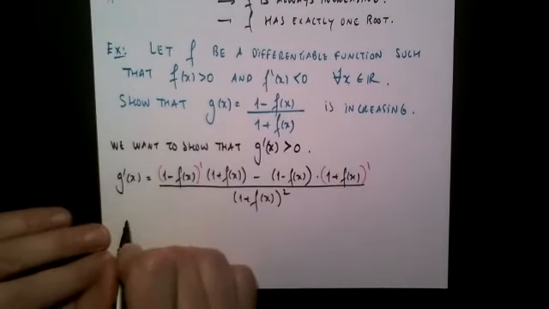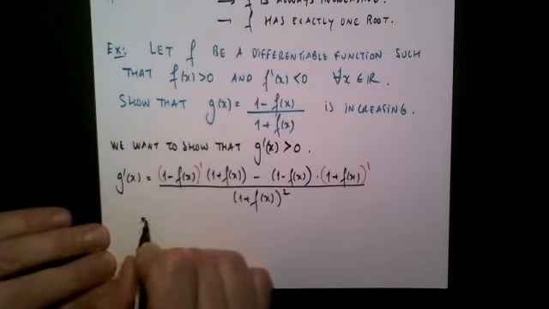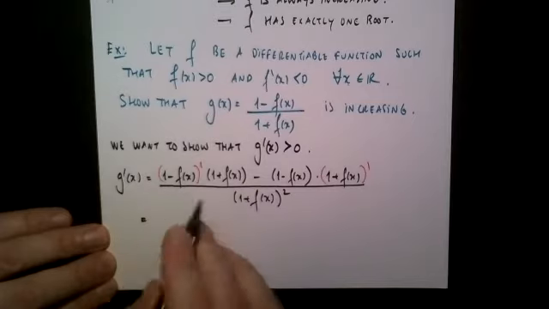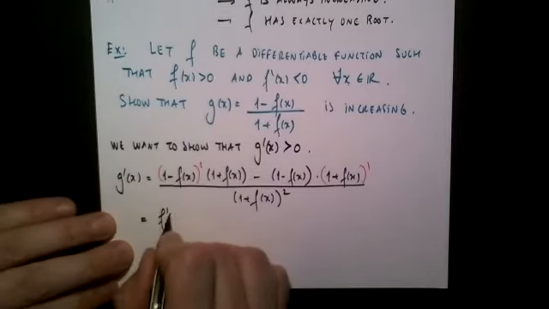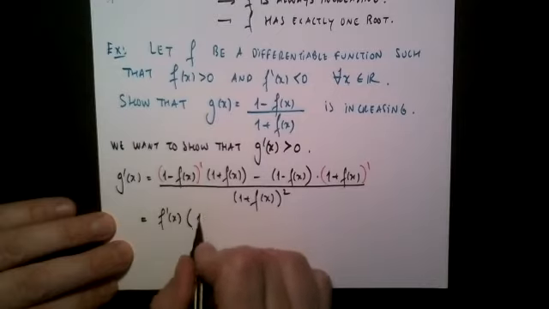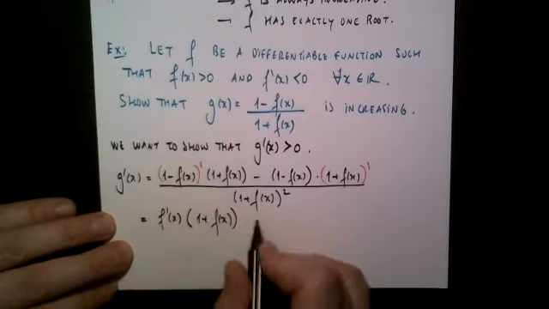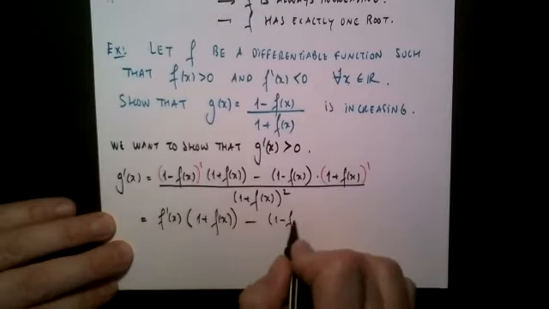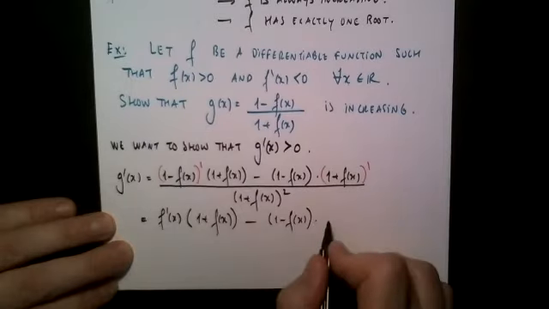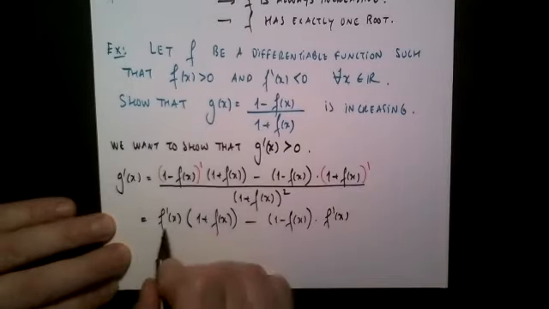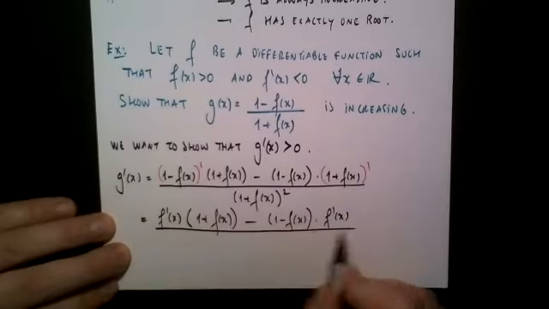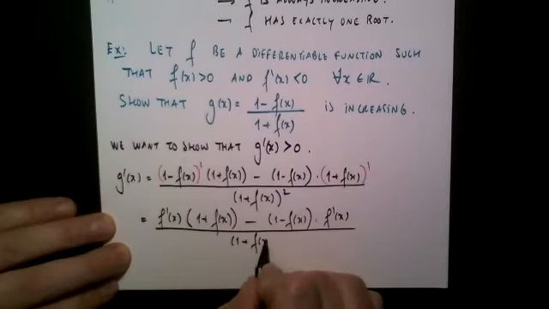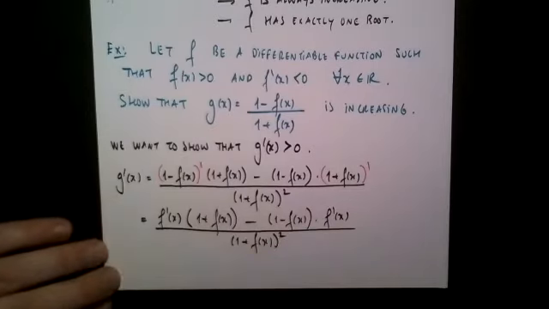Equals, so the derivative of 1 minus f is just f prime. So f prime of x times 1 plus f of x, minus 1 minus f of x times f prime of x, over 1 plus f of x squared.